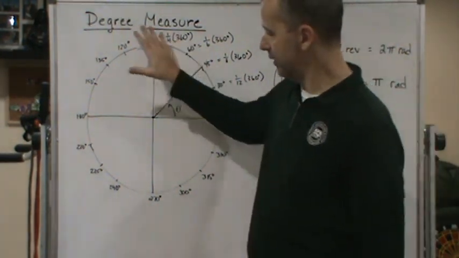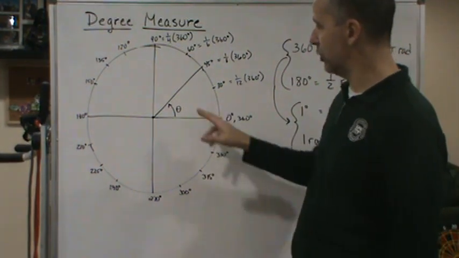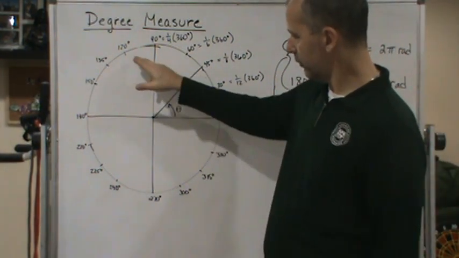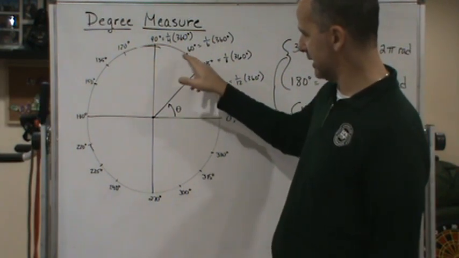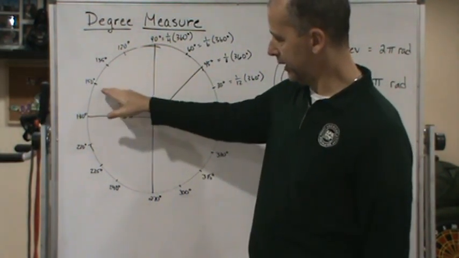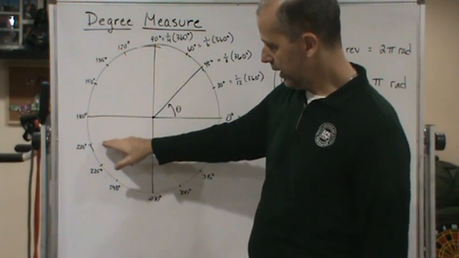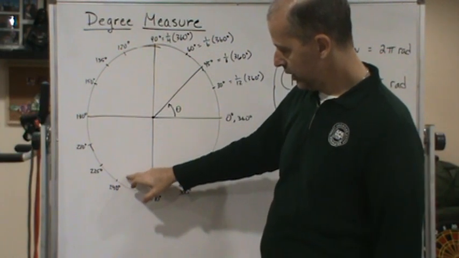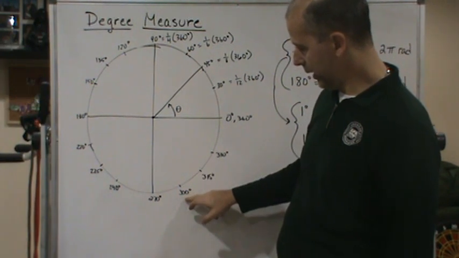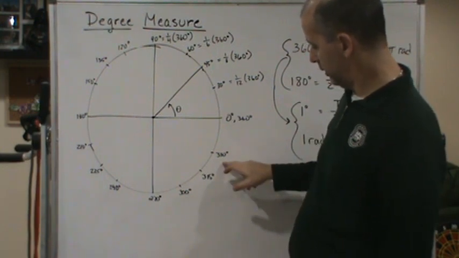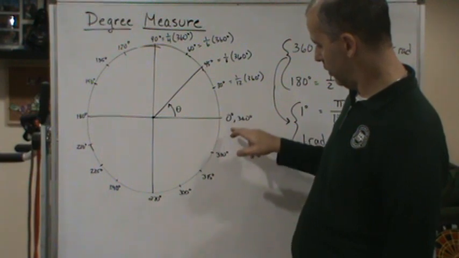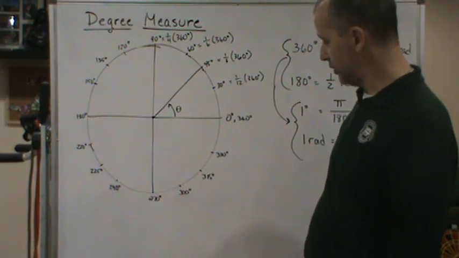And then it goes on all the way around, so we can split this into 30s, right? 30, 60, 90, 120, 150, 210, 240, 300, then 330, and then we're back to 0.